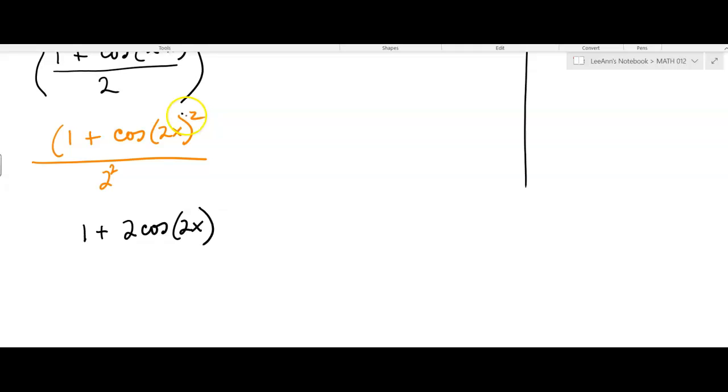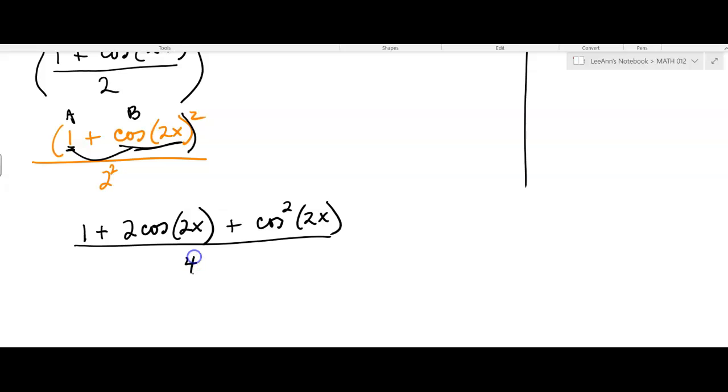You could FOIL it out. It's in a binomial form, like this is A and this is B. So you square this, multiply it, double it. That's why it's 2 cosine 2x. And then we're going to have to square this, so I'm going to write that in, plus cosine squared 2x, all over 4.